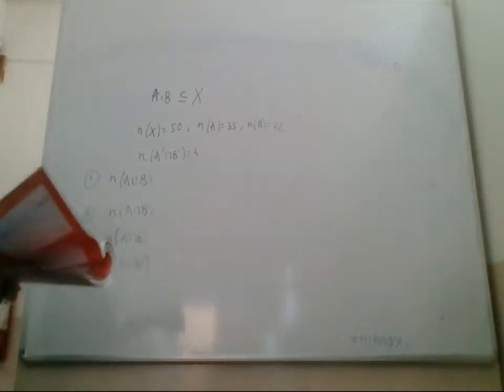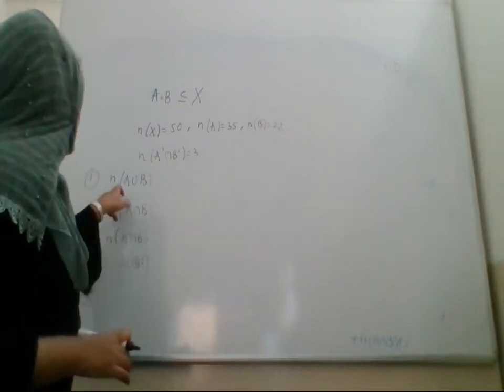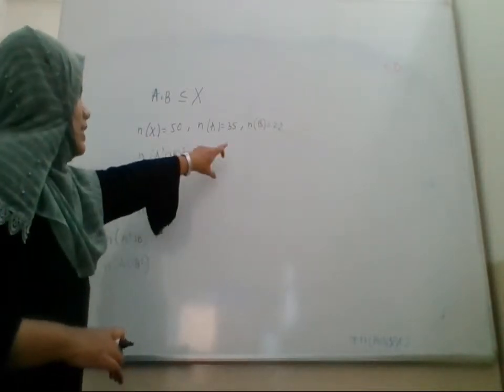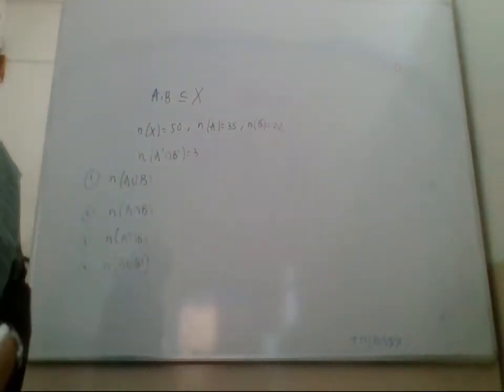Okay, so first of all we will find out. Cardinality of X is given, A is given, B is given, and A complement intersection B complement is given.